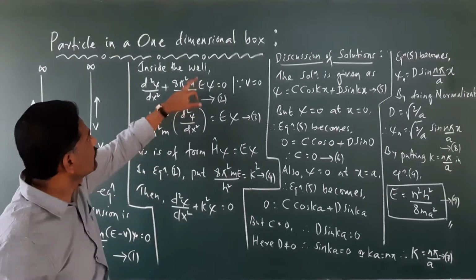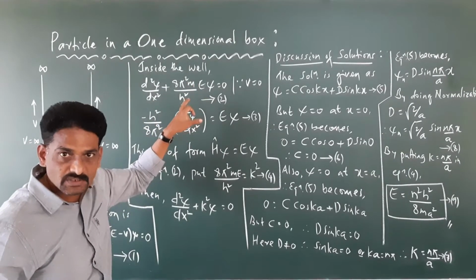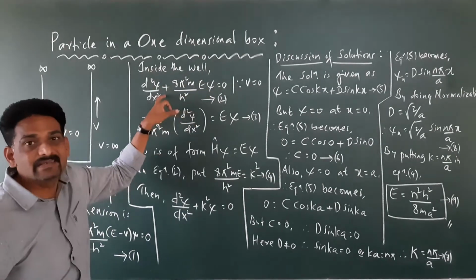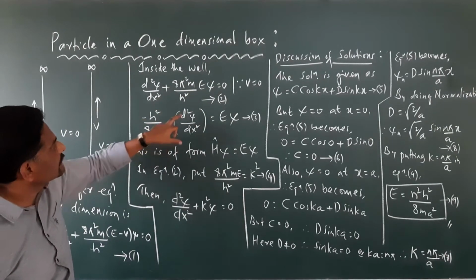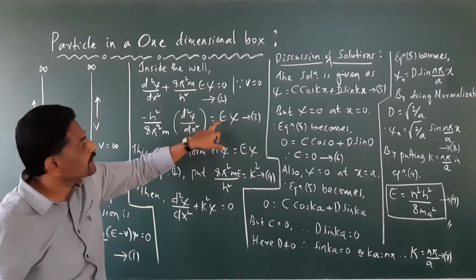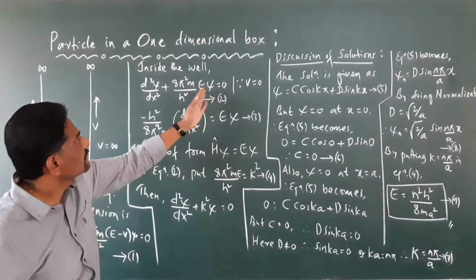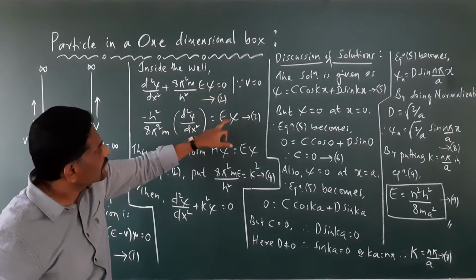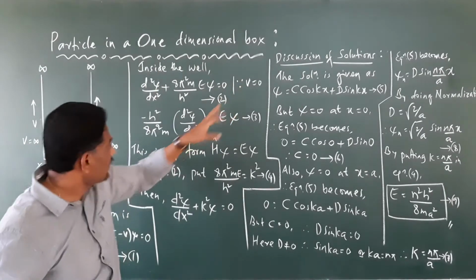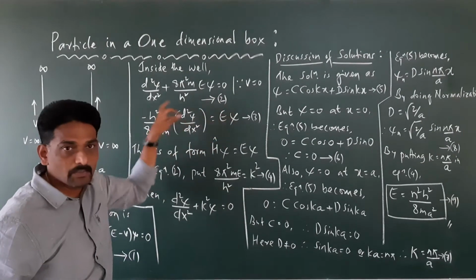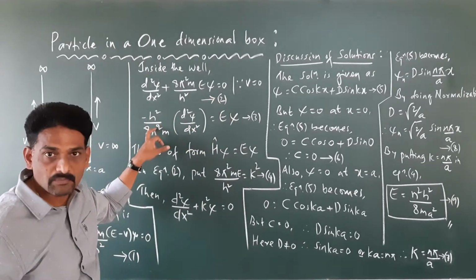Then we are making some simplification. That is, this equation is expressed as minus h square by 8 pi square m into d square psi by dx square equals to E psi. That is, this E psi is kept as it is, and this is transferred to the other side, and it is simplified in this form. Why?